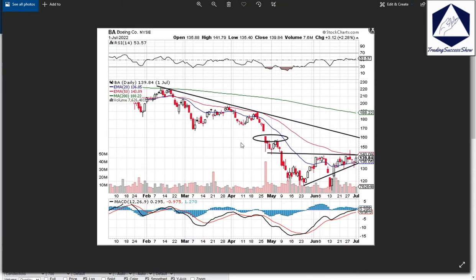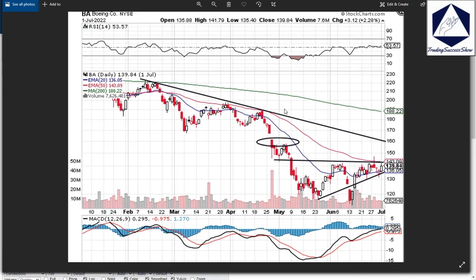So now we're talking about Boeing as well. Reason why I like Boeing for a long-term play is very simple, because they make planes, right? They make planes that we use day in day out to travel from place to place. So I don't think Boeing is going to go out of business any time soon. Right now their stock is doing good, and we're expecting it to break through this 50 exponential moving average.